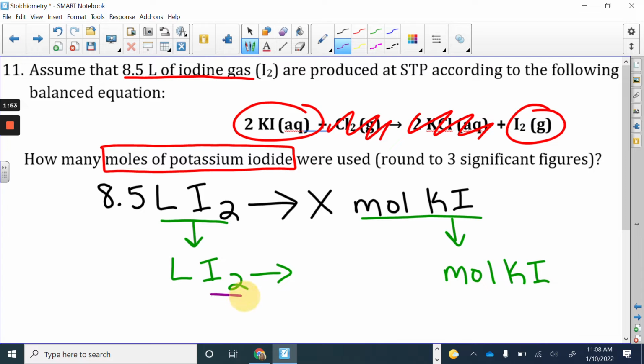So I look here, I have I2 here. I go up and I look for I2. Here's I2. The coefficient in front of I2, there's nothing there, so it would just be a 1. So we'll have 1 times something. And then I'm going to look at KI. And in front of KI, you have a 2. So we need to do 2 times something.